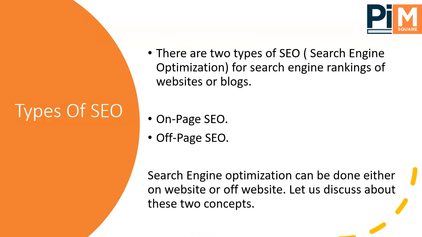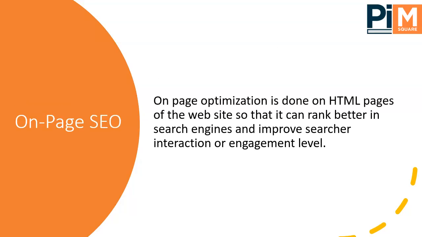So as discussed, there are two types of SEO. One is on-page SEO and the other one is off-page SEO. So what is on-page SEO? As the name suggests, on-page SEO is done on the website, or on the HTML pages of the website where the coding and everything is written to develop a website.